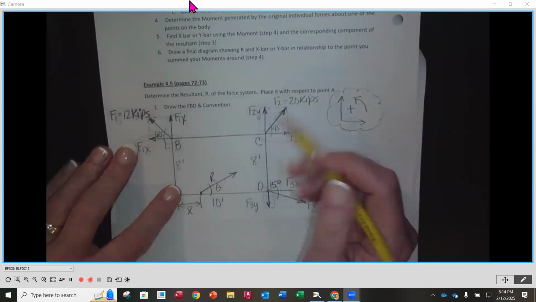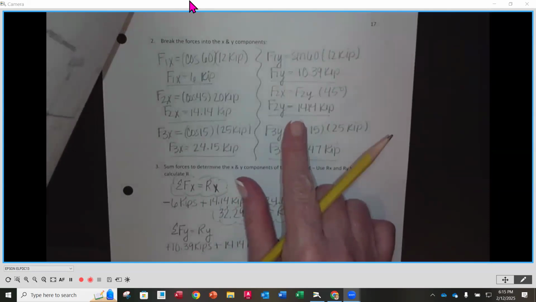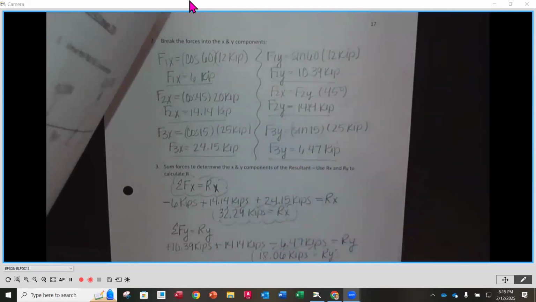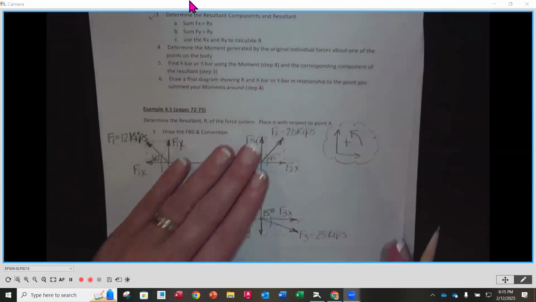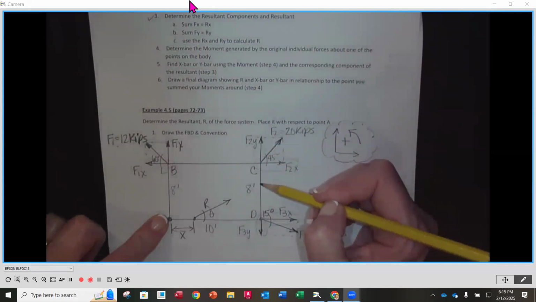Magnitude of F2y. We look back. F2y is 14.14. Perpendicular distance, okay, perpendicular distance. The perpendicular distance of F2y, we're going to pull it back along its line of action down here.